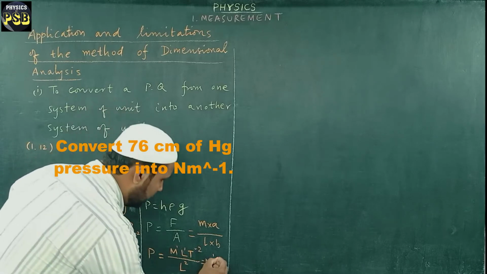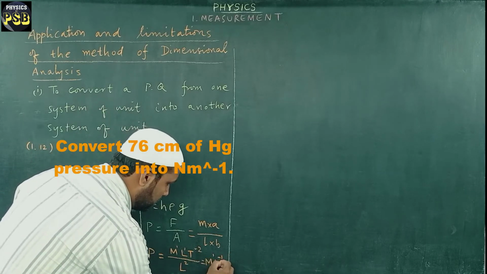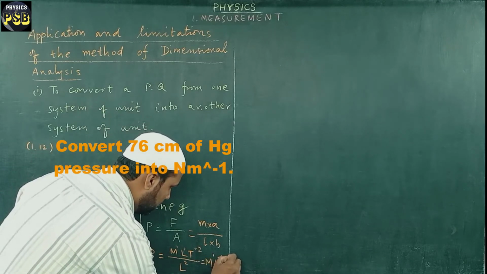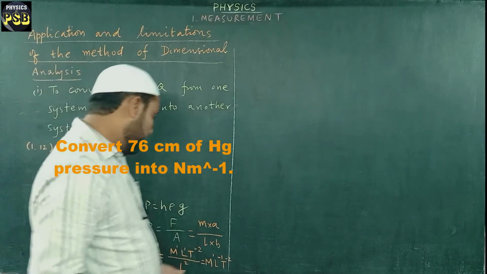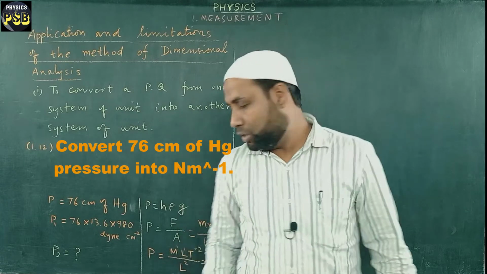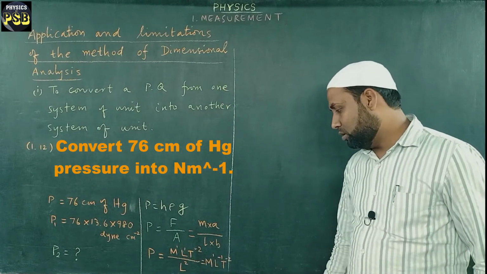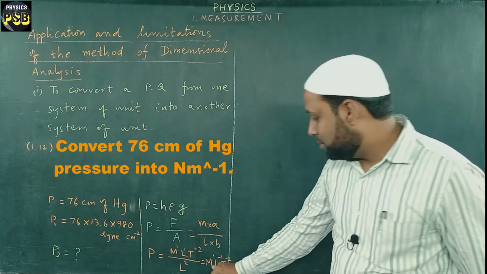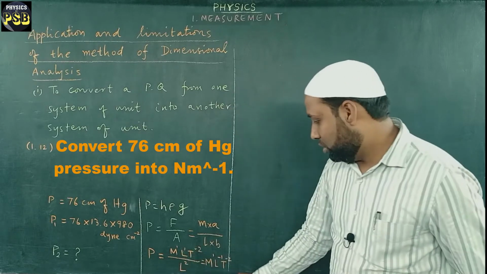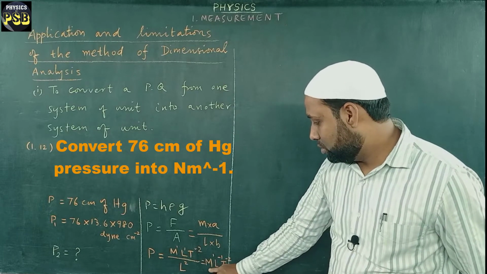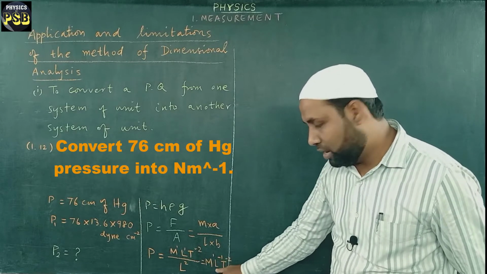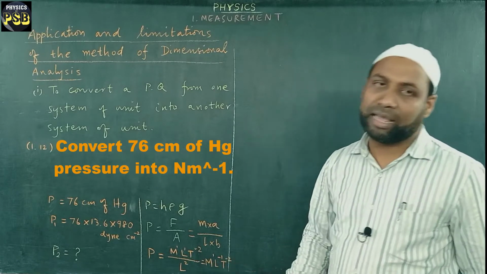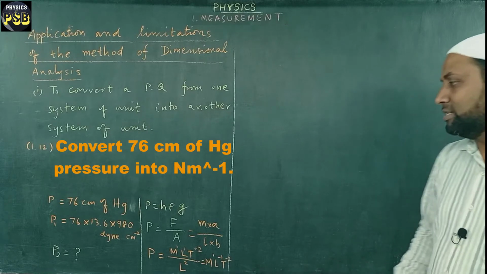So what do we get? L power minus 1, then T power minus 2. So the dimension of pressure is M power 1, L power minus 1, T power minus 2. Or pressure has dimension 1 in mass, minus 1 in length, and minus 2 in time. This is what it says.